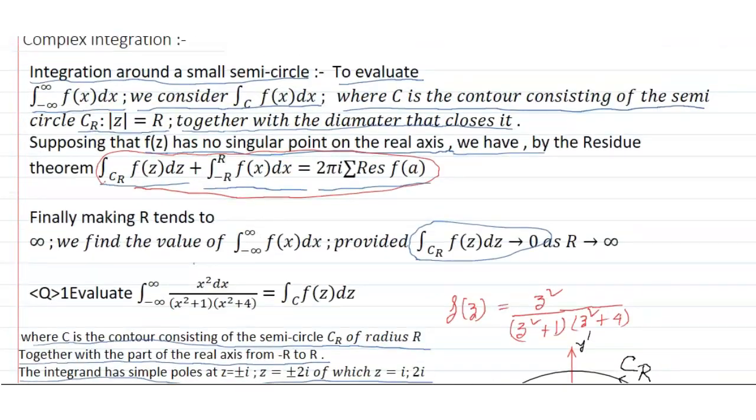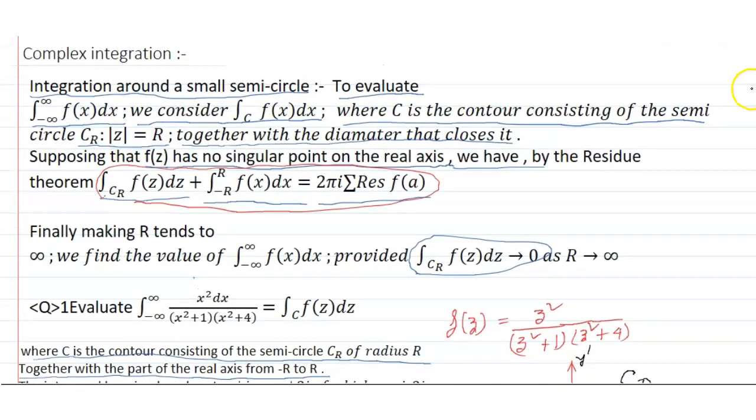You have already seen that this function has no singular point on the real axis, and this is a continuous rational function.